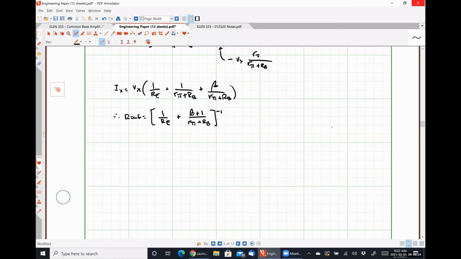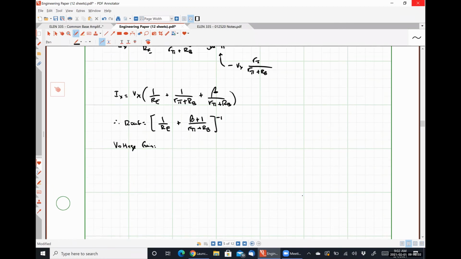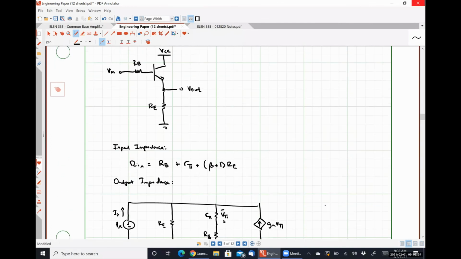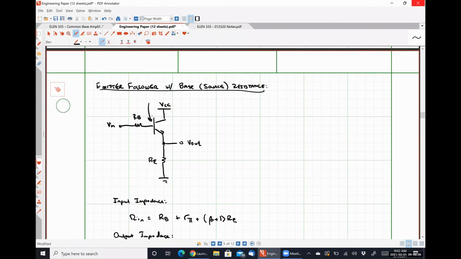Lastly, we are going to have our voltage gain. So I'm going to step up here to our original circuit real quick and call the voltage directly at our base some voltage VB, so that we can break this guy up into 2 stages.